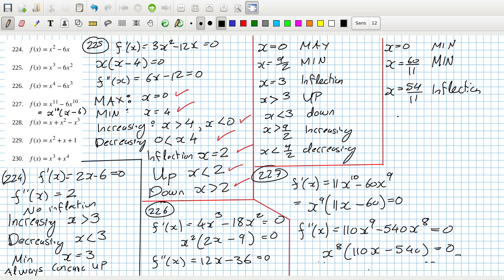What about for it to be rising? So when is this negative? When x is negative, but this is positive, x more than 6. When x is more than 60 over 11, that'll be positive, positive, so that'll be rising.